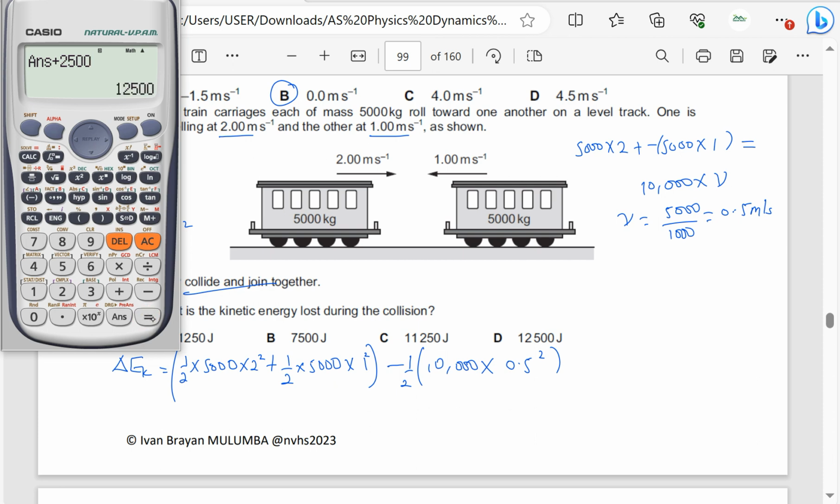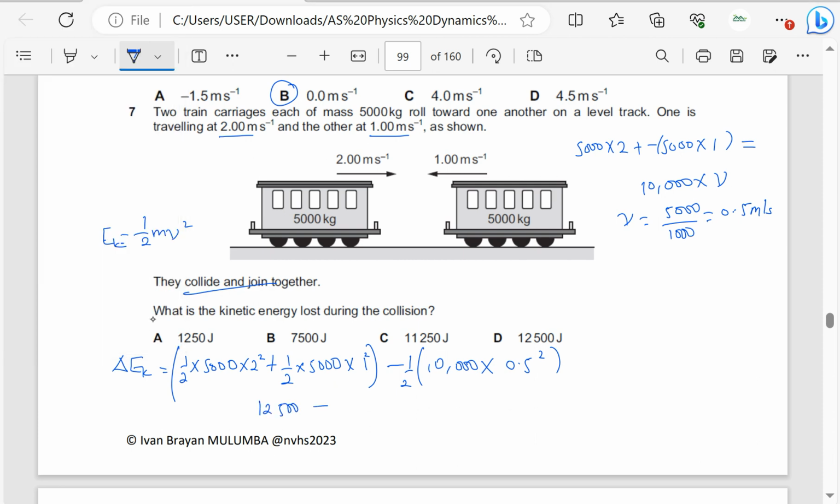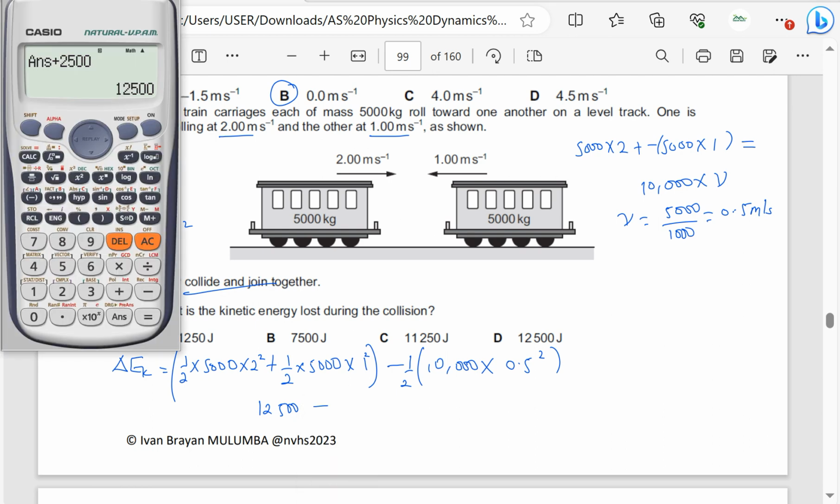So this is 12,500 minus, so 0.5 times 10,000 times 0.5 squared.